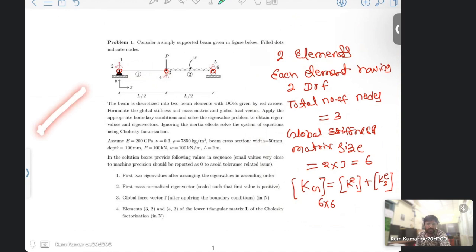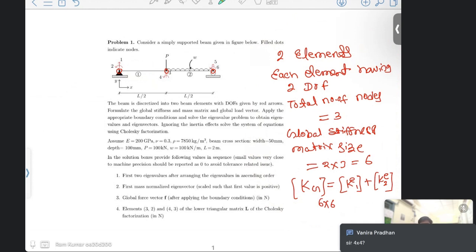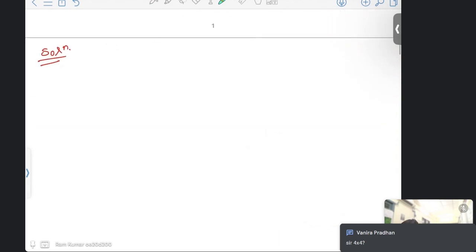So what will be the stiffness matrix size for element 1? Tell me. It will be 4 cross 4. Yes.